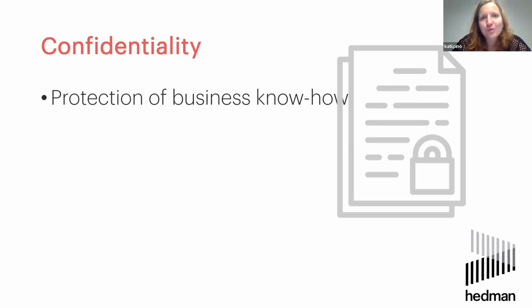And how to protect against infringements is contractual penalties. If you don't have a contractual penalty, it is very difficult to quantify the damage that you have suffered as a result of the confidentiality breach.